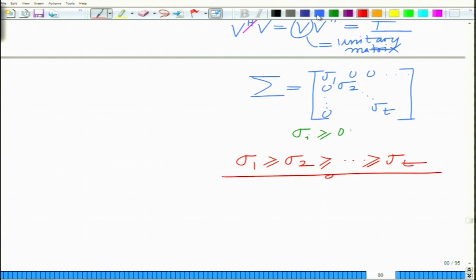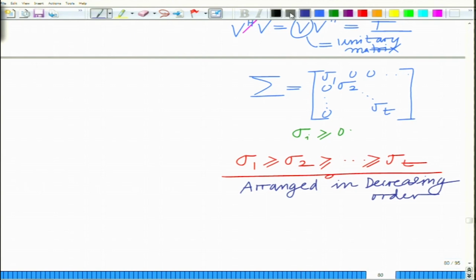It is important to realize that these are arranged in decreasing order.